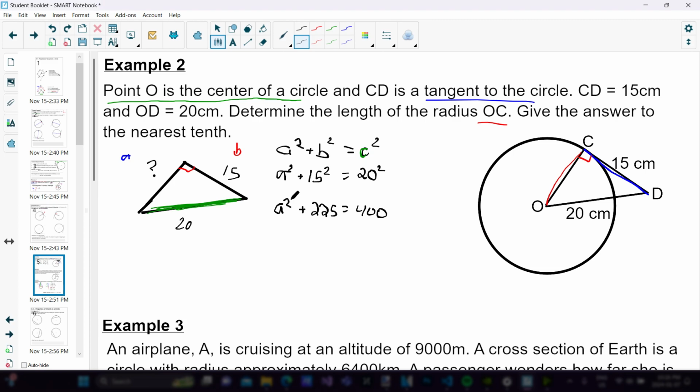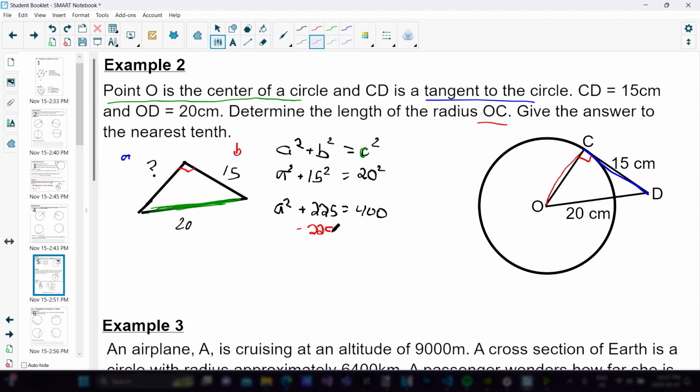And how do I solve for A squared here? Well, I want to solve for A. I don't want A squared plus 225. So I got to get rid of this, and I got to get rid of the square. So using our reverse BEDMAS, it tells us to get rid of that plus 225.